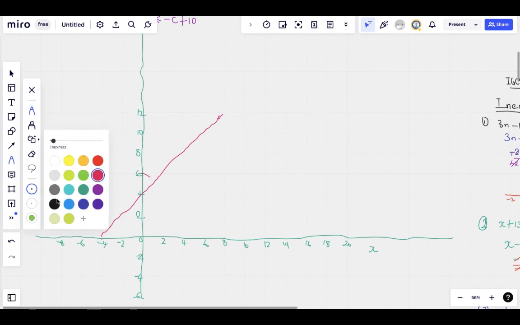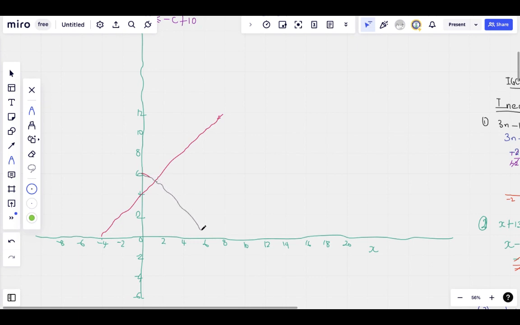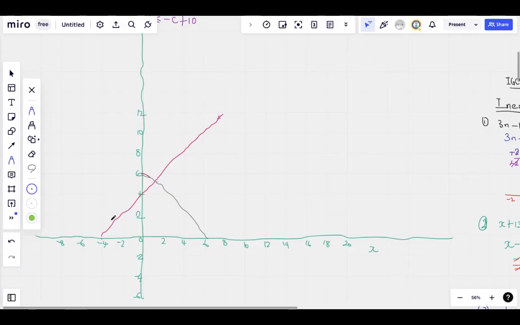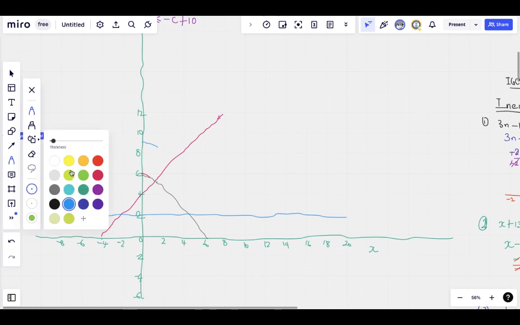Let's use a different color. We have another line from 6 to 6, and then we have another line from 9 to 18. Then we have a line on 2.